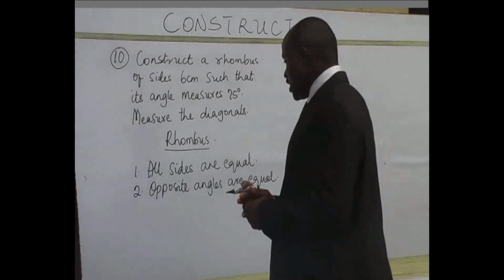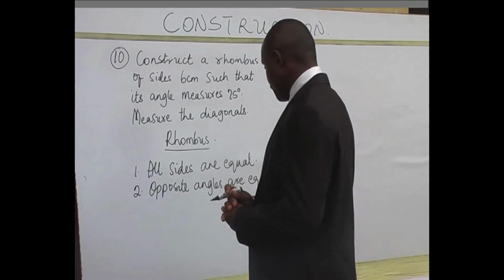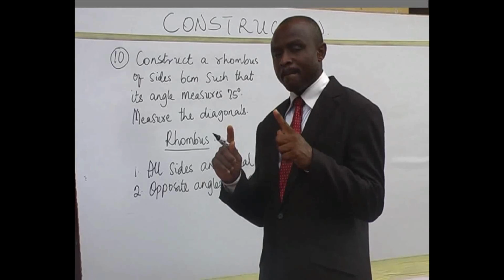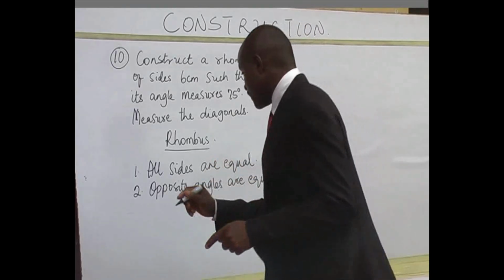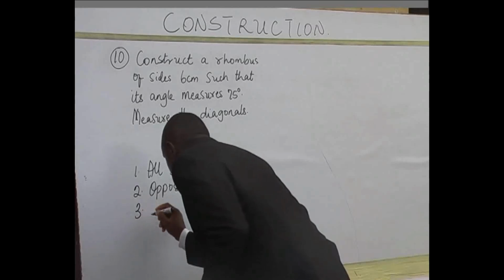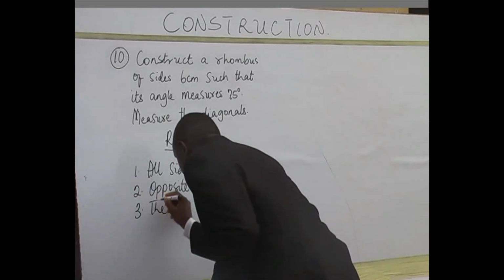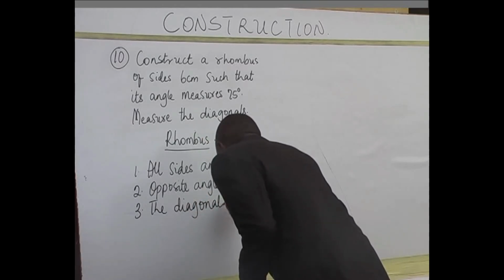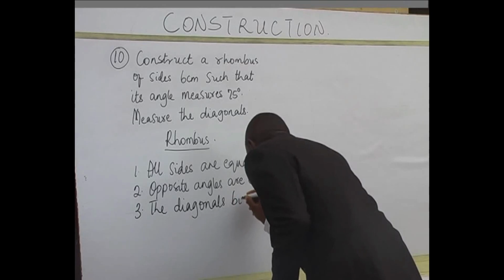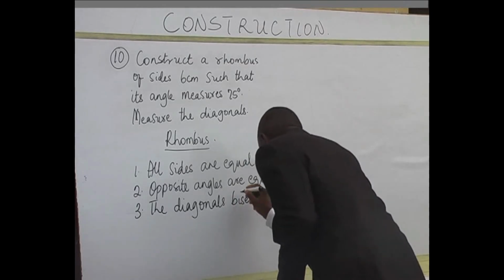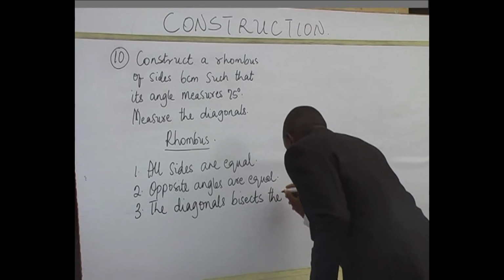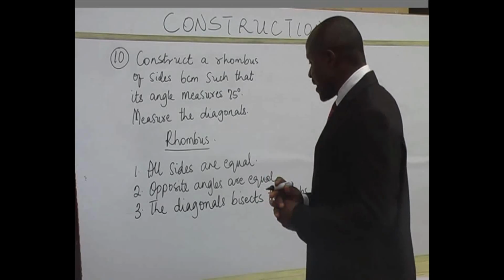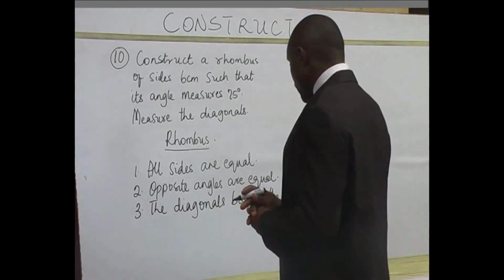The third property of a rhombus is that the diagonals bisect the angles. The diagonals bisect, that is, divide into 2 equal parts. The diagonals bisect the angles.